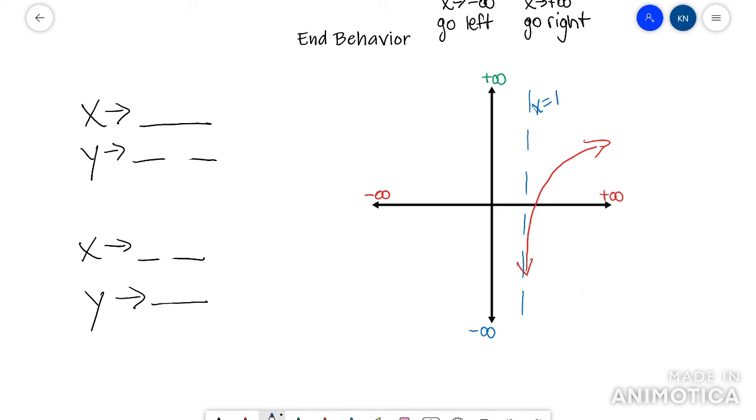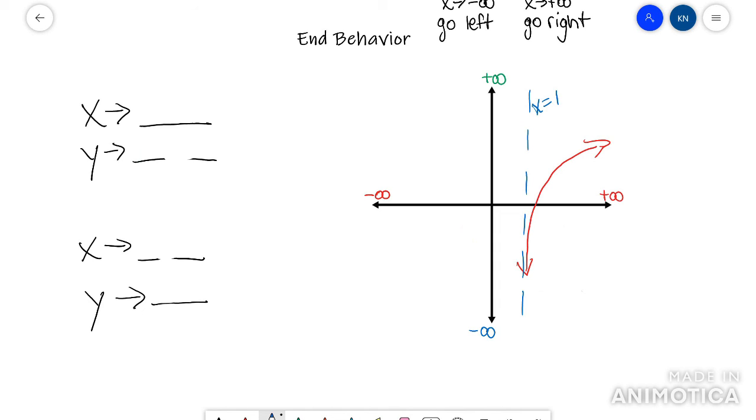So if this happens, then when you go to write end behavior, for this first part here, you can't say as x goes to negative infinity. That would be incorrect because x cannot go to negative infinity. It's not in your domain. This left section of line stops at that asymptote. It can't go past it.